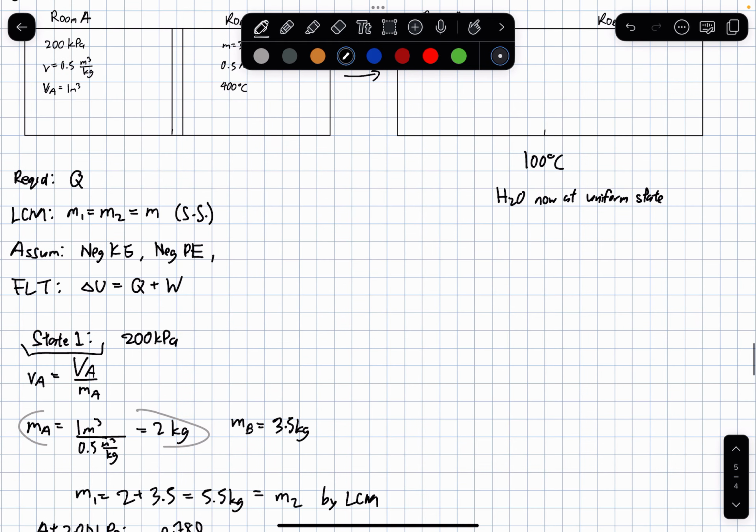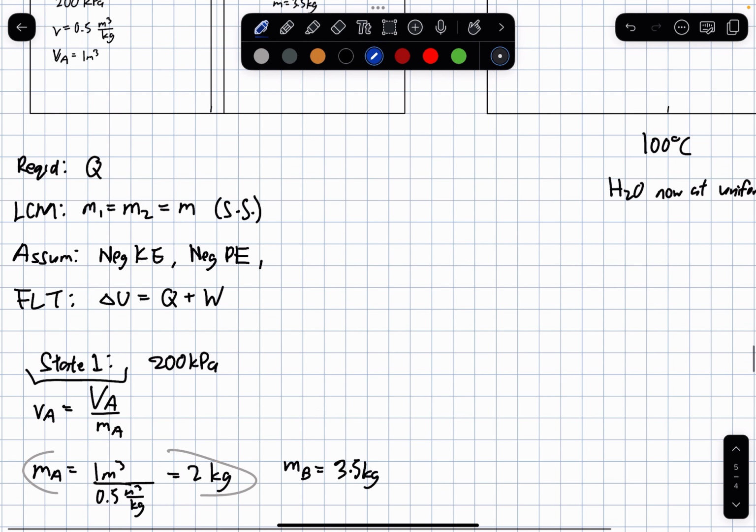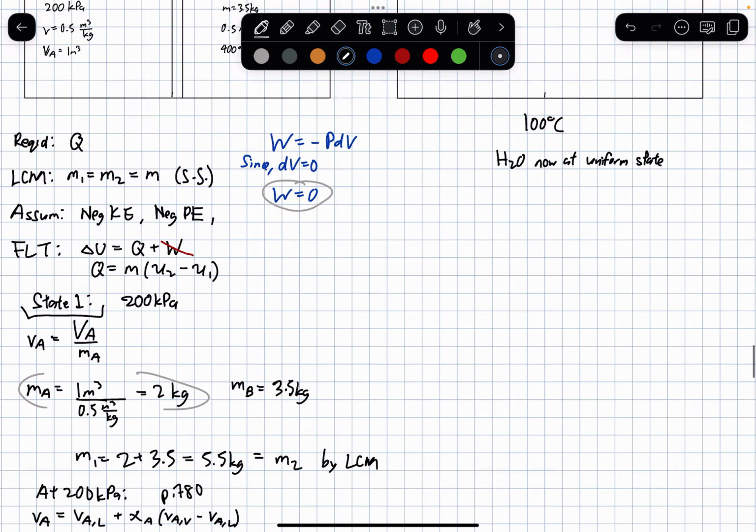Since rigid tank, again, recall the formula for work. Work is negative P dV. dV equal to 0. Work is 0. So work is 0. Q is equal to mass times u sub 2 minus u sub 1. There, our plan is now much more clearer.